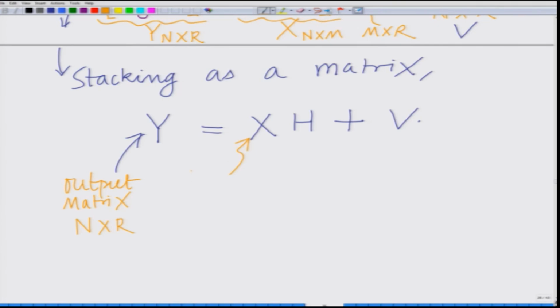This is your pilot matrix X, which continues to be similar to the multi antenna channel estimation scenario pilot matrix, which is n cross m, where n is the number of pilot vectors and m is the number of transmit antennas.